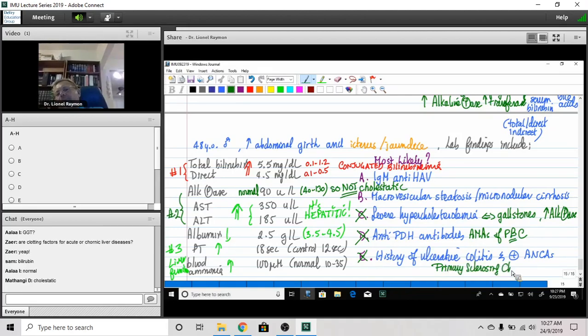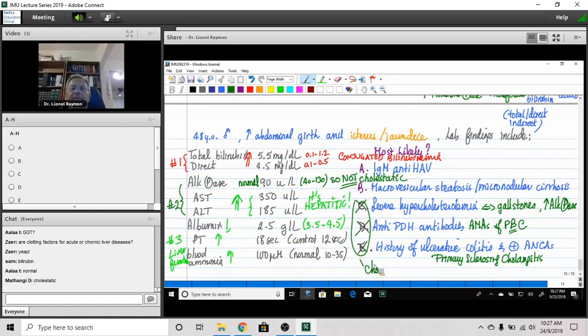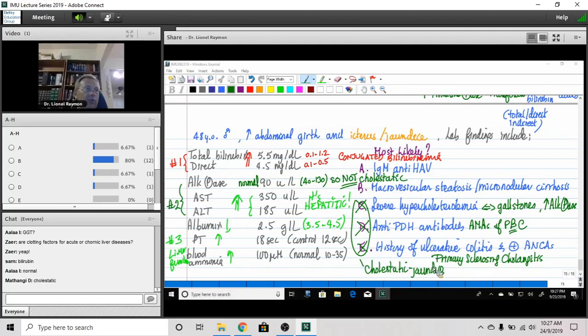Do you remember primary sclerosing cholangitis? And all three here, there would have been cholestatic jaundices. So it does leave me, indeed, with choosing between A or B. And of course, I forgot to show you the results, but we have by far B.